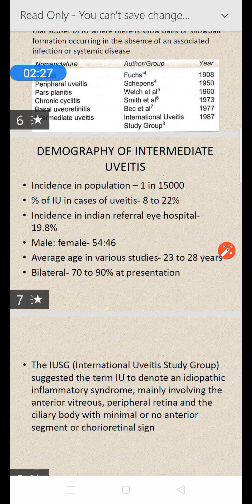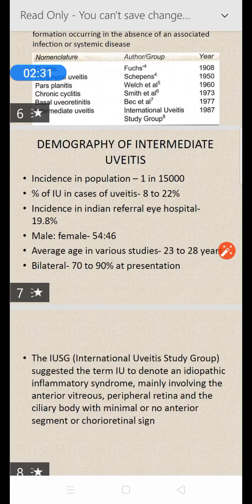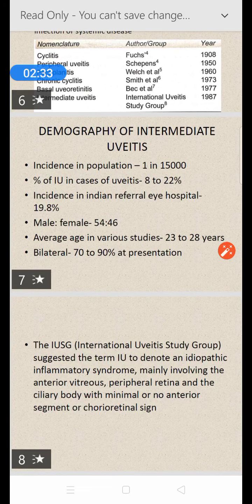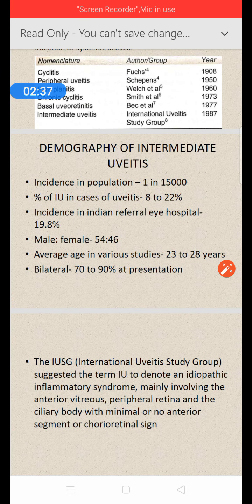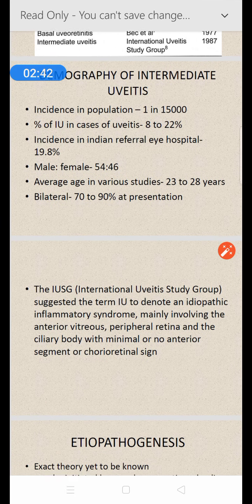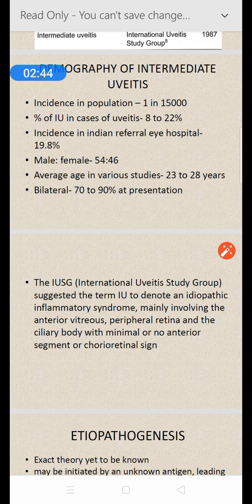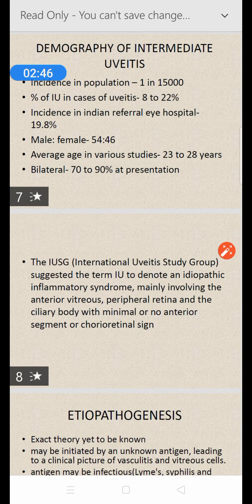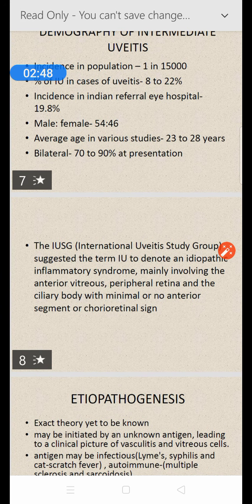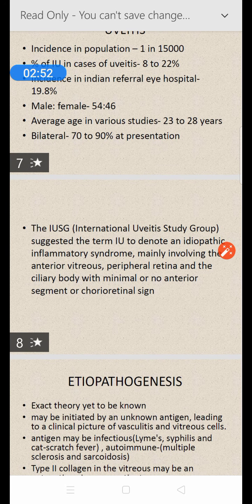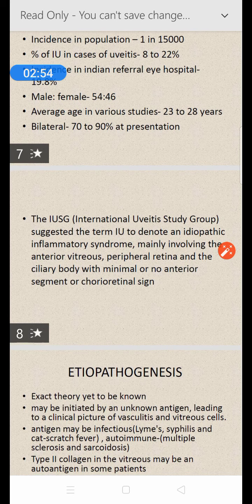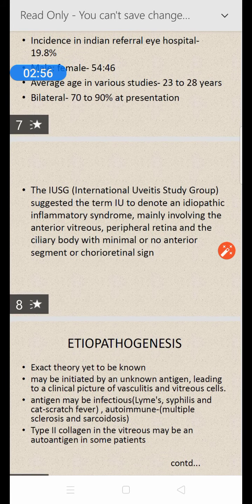You can get unilateral as well as bilateral disease, but in 70 to 90% you get bilateral uveitis. The International Uveitis Study Group suggested an idiopathic inflammatory syndrome mainly involving the anterior vitreous, peripheral retina, and ciliary body with minimal or no anterior segment or chorioretinal signs.